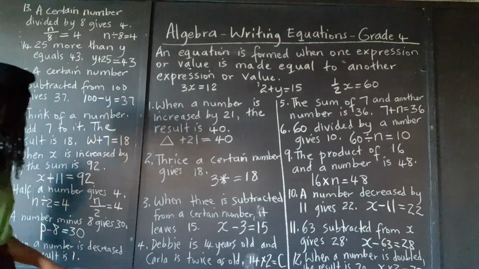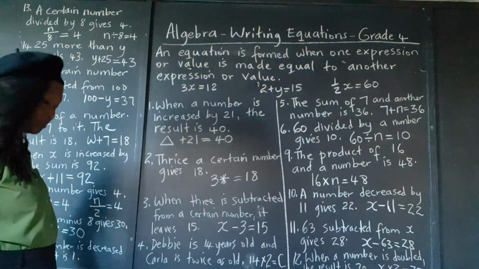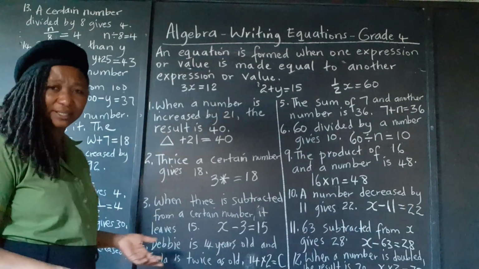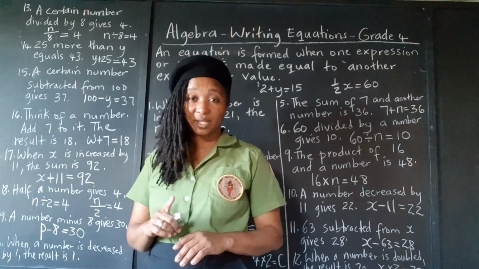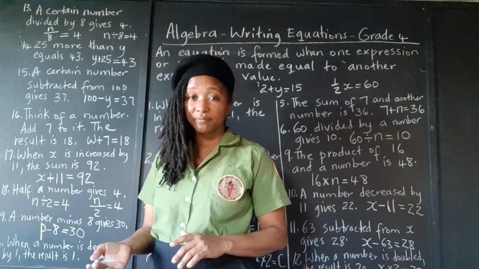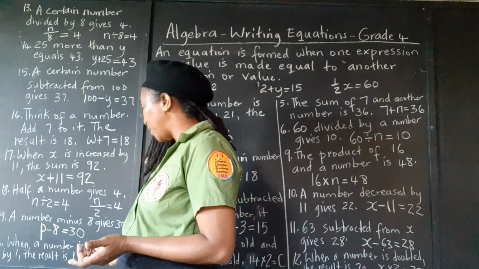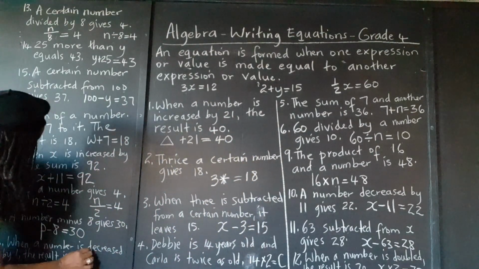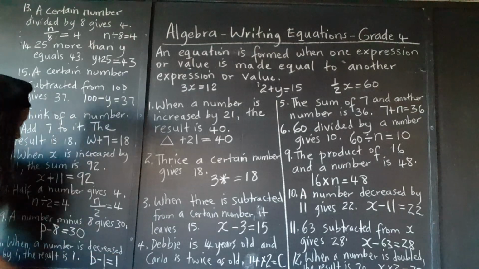And number 20, when a number is decreased by 1, the result is 1. Do you know what number that is? If I start with a number and I decrease it by 1, if I take 1 from it, the result is 1. So I'm going to use B to represent my number. So I start with a number, I decrease it by 1, and my result is also 1.